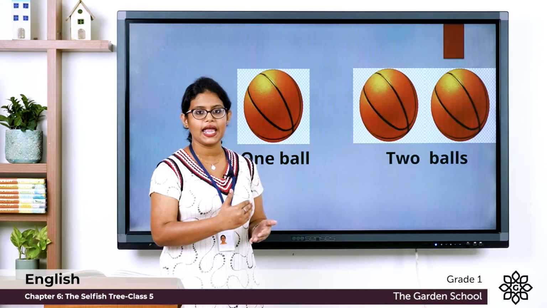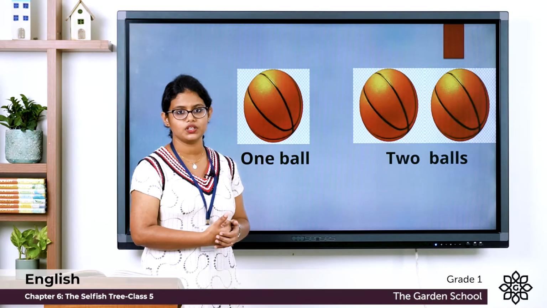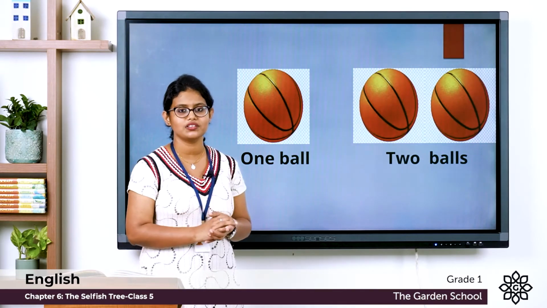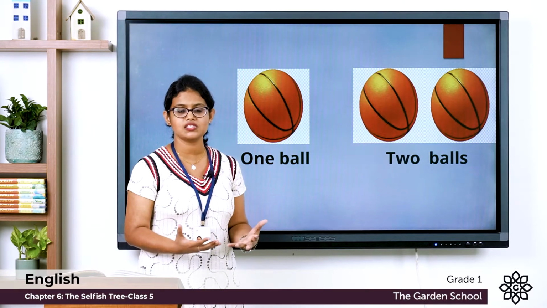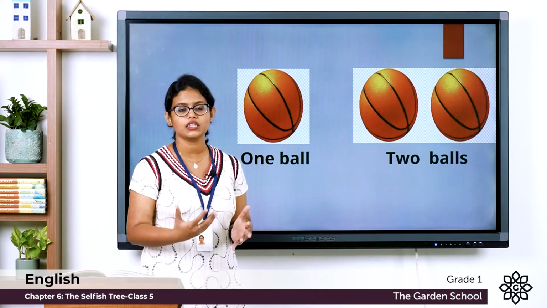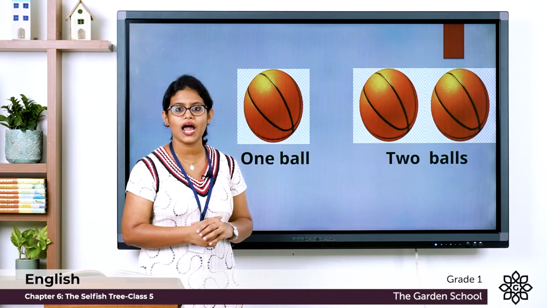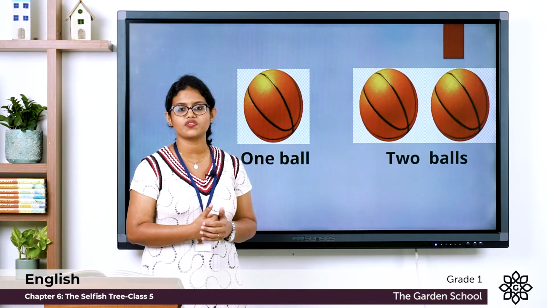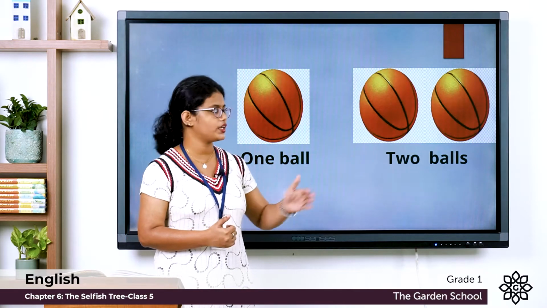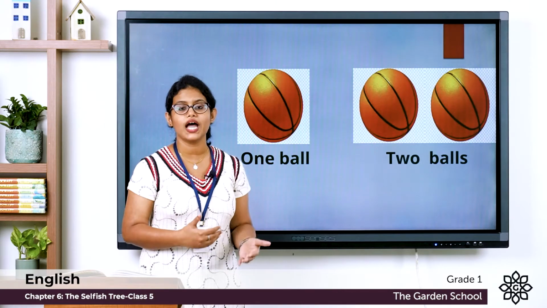See B-A-L-L and you add S at the end of the naming word. So, you all know what is a naming word. Naming word is a name of a person, place, thing, animal. So, it is a name of a thing. So, when you have more than 1 thing, you add S at the end of the naming word. So, here it becomes balls. Why? Because it is more than 1.